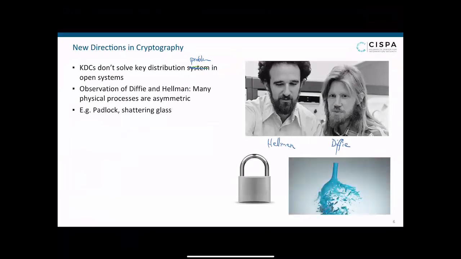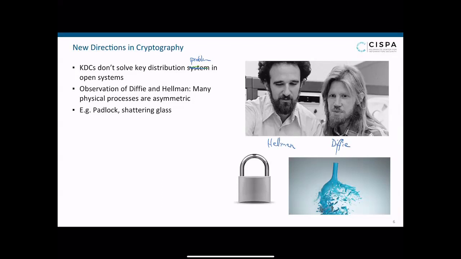Think about a padlock. If I give you an open padlock, then you can easily close it, right? You just press this handle into this hole, and then it's closed, but you can't open it anymore. So that's a physical system. That's one way. Or think about a vase. When you take a vase and shatter it and smash it on the floor, it easily springs into 1,000 pieces, but putting the pieces back together is infeasible, right?